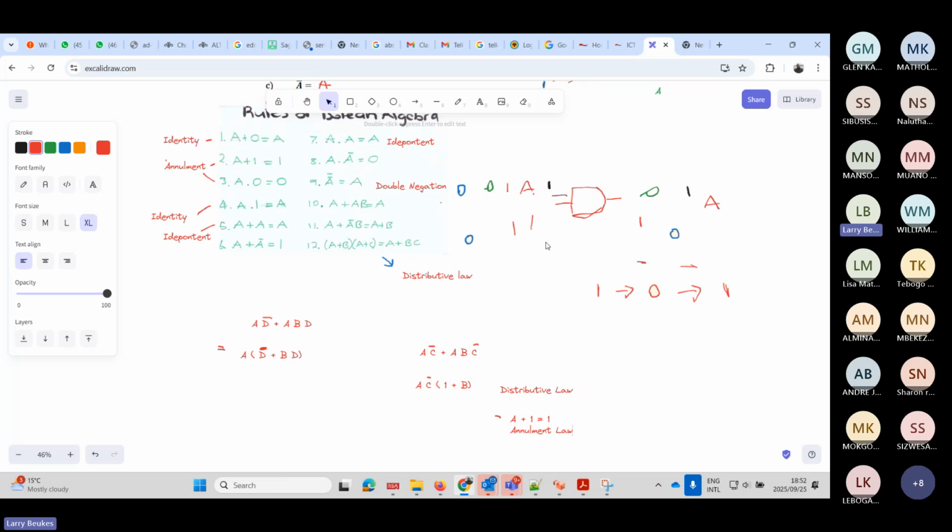So what's happening now? This means that A plus 1 is a 1, so B plus 1 will definitely be a 1, right? Then this is where you put your rule, right? Annulment law. Then our answer will be AC naught. So this is simplified. AC naught, right?